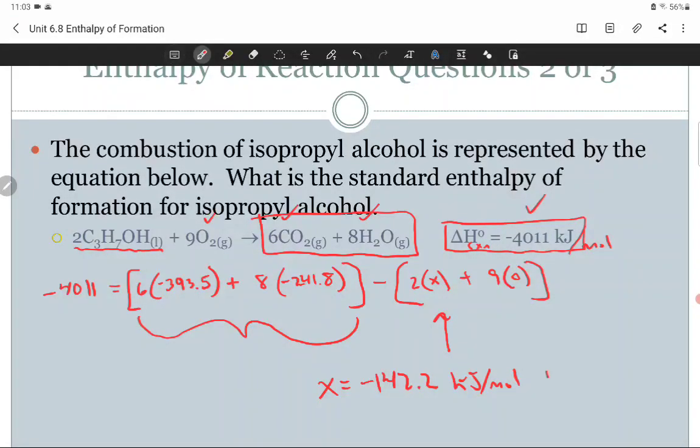So that is the delta H formation. And again, we're always assuming for this section standard state. Because if it wasn't standard state, 1 atmosphere and 25 degrees Celsius, these values would not work. So that's the delta H formation for isopropyl alcohol. Okay.